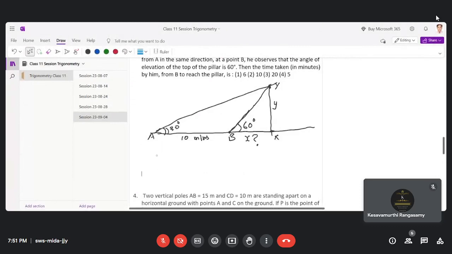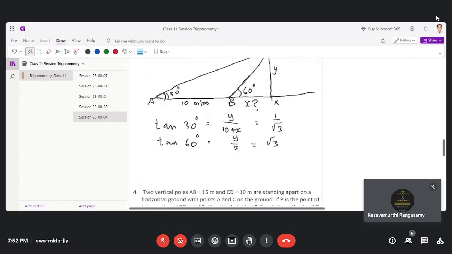So, what are the steps, Sundaresan? What is tan 30? Is that right, Sundaresan, is that what you did? Tan 60 is y by x. Now we have to eliminate y, right? So the y can be easily eliminated by dividing the two equations.